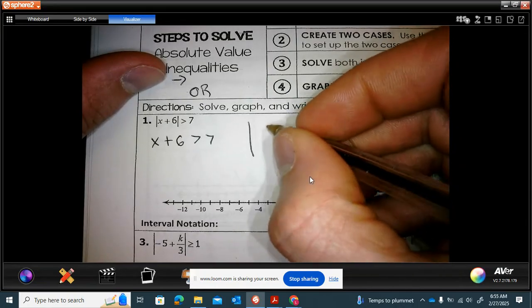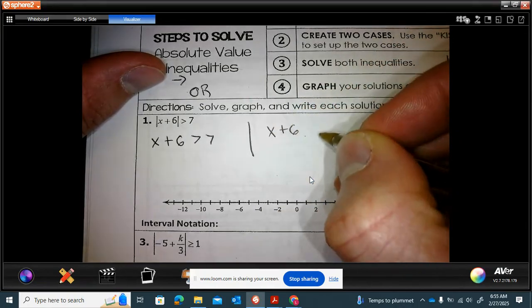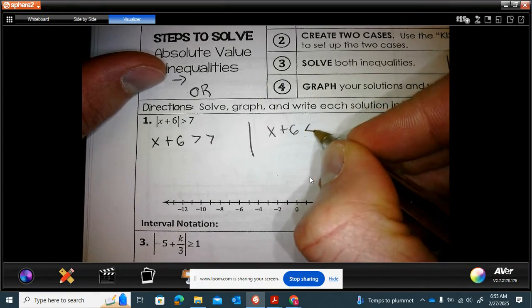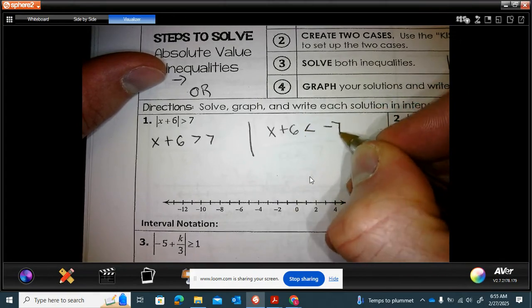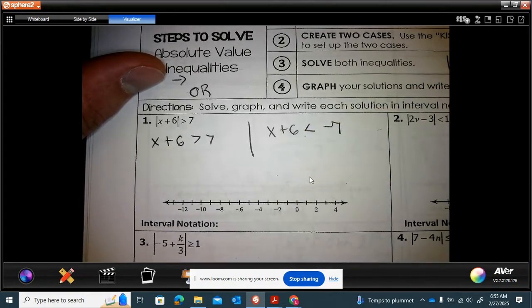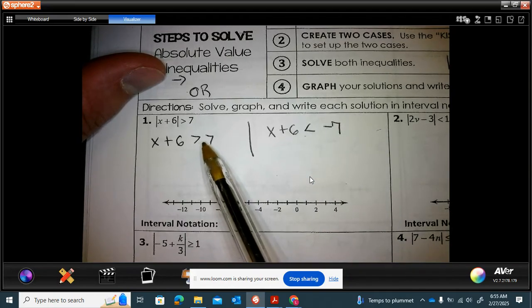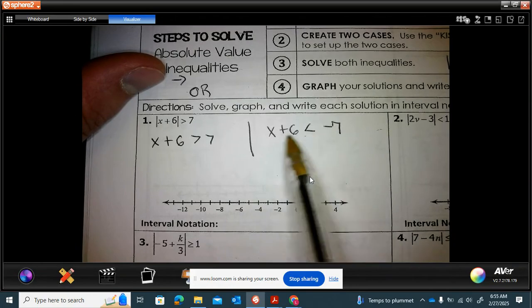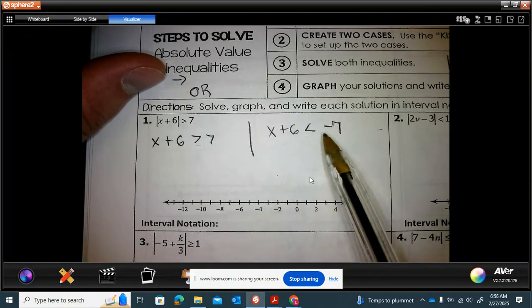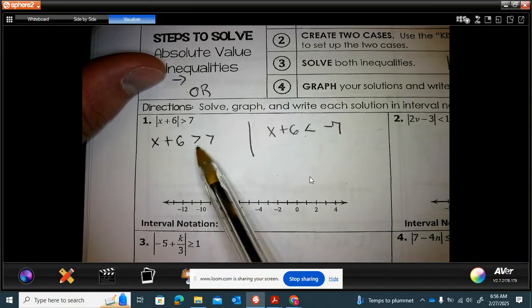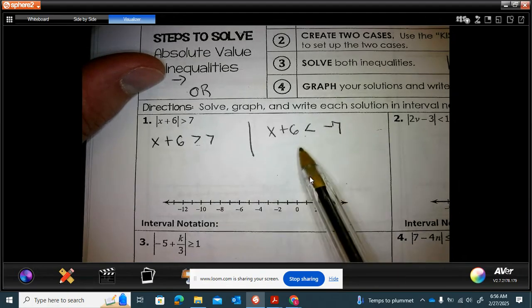Here's what you do. You do x plus 6, but you have to flip your symbol and make it a negative 7. Notice that I just flipped my symbol. If it's a greater than, it becomes a less than. If it's a greater than or equal to, it would then become a less than or equal to.